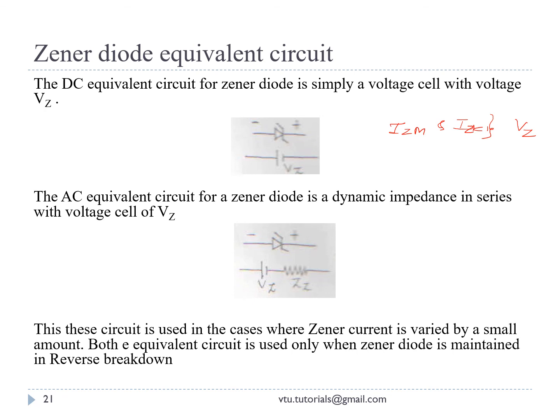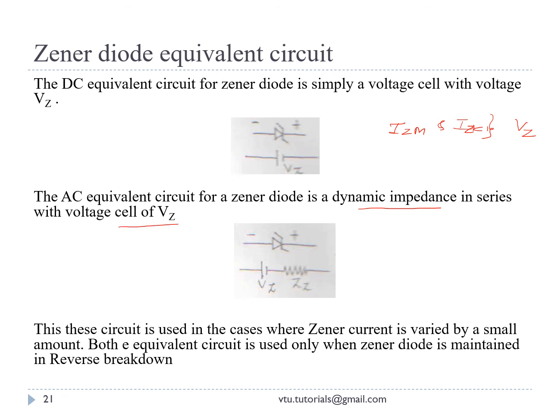When you go with an equivalent circuit, there may be a change from forward bias to reverse bias or reverse bias to forward bias with a small AC value. If so, then there exists a dynamic resistance Zz in series with the voltage Vz.